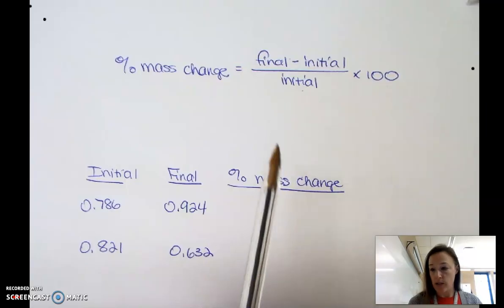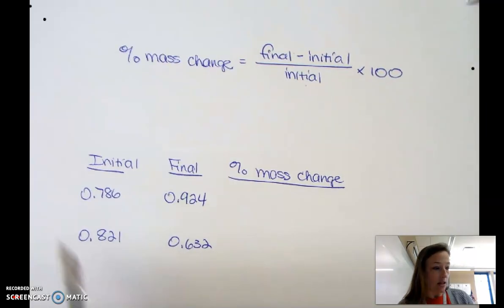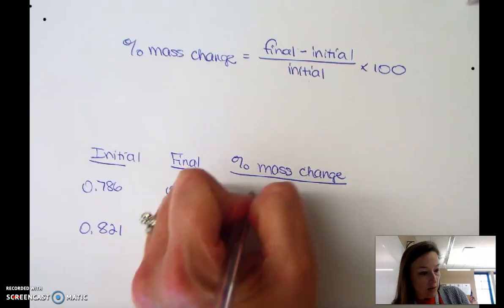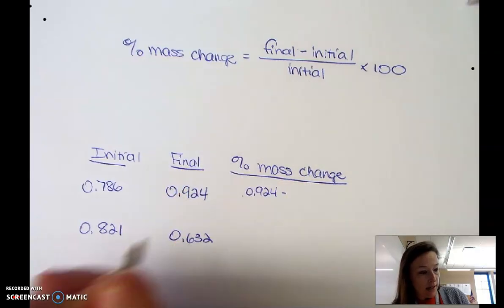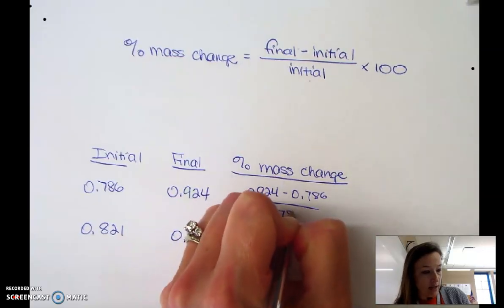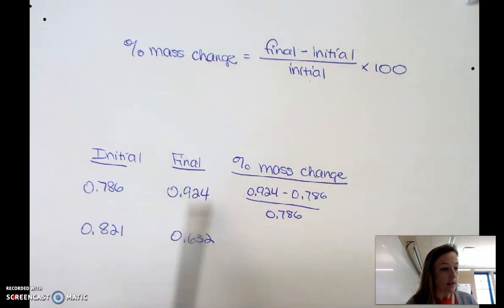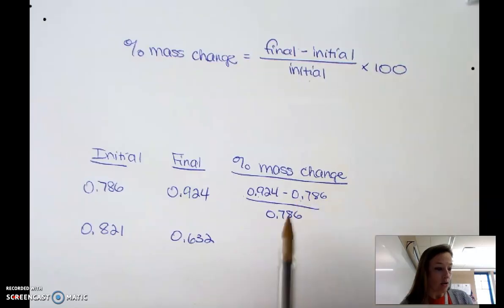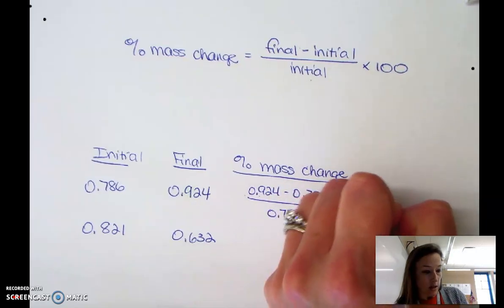We're just going to do some examples here. So final is 0.924 minus 0.786 over 0.786. Okay, so we've got our final minus our initial over our initial times 100.